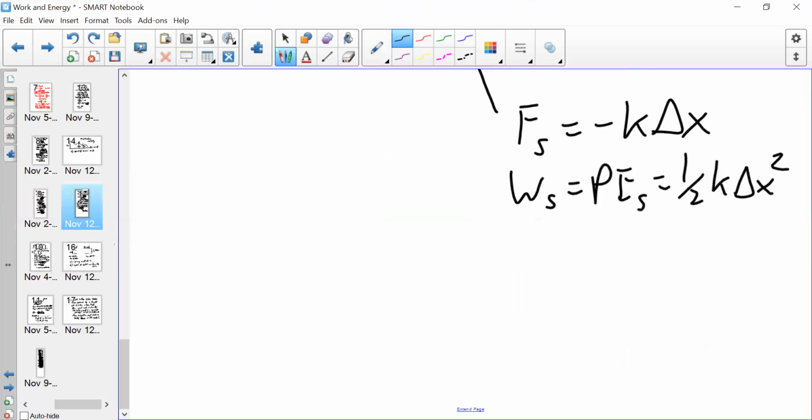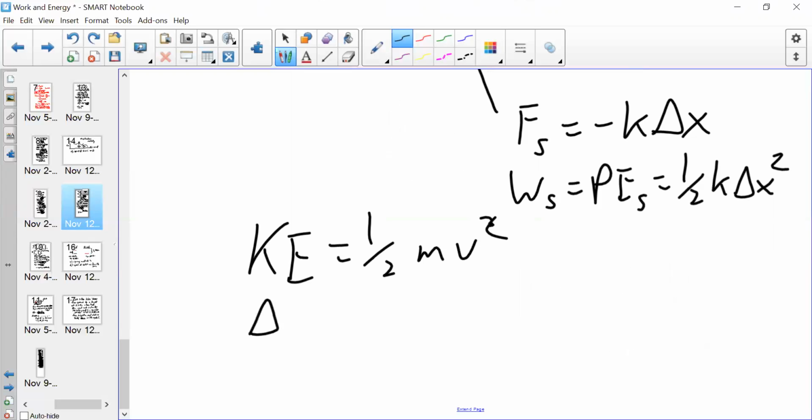So that's your formulas here. Kinetic energy 1/2 mv squared. Change in kinetic energy: you change it, you've performed some work, because a force has displaced an object a particular distance, and in the process, you've changed its kinetic energy. You got it moving.